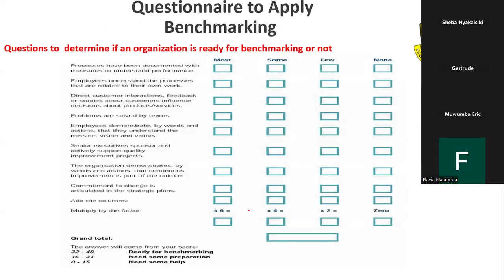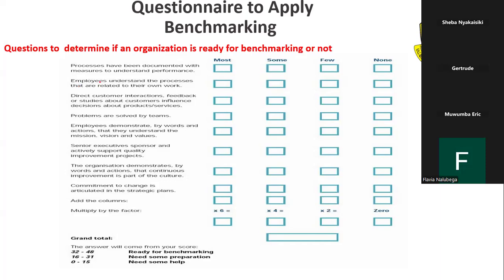So here on this slide, we have a sample questionnaire with sample questions which determine if an organization is ready for change or not. So here is an example of one of the questions. Processes have been documented with measures to understand performance. So here the respondent answers most, some, so on and so forth.